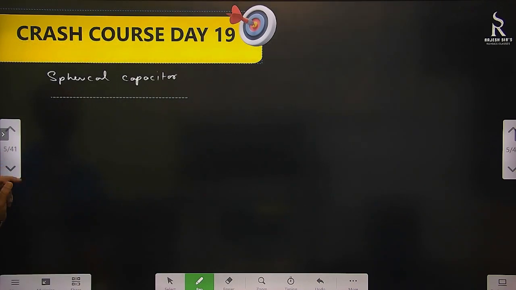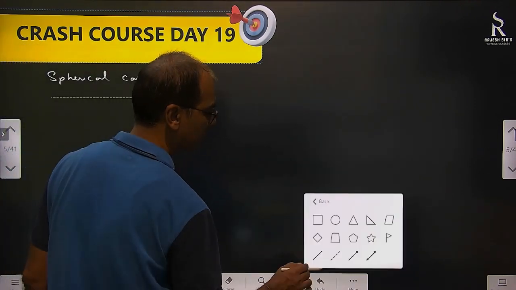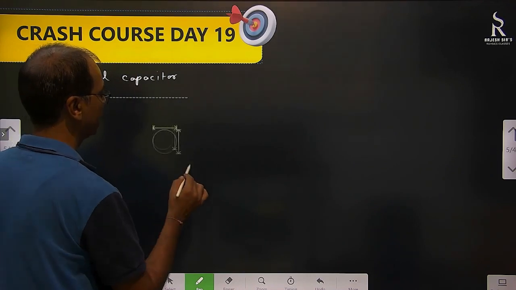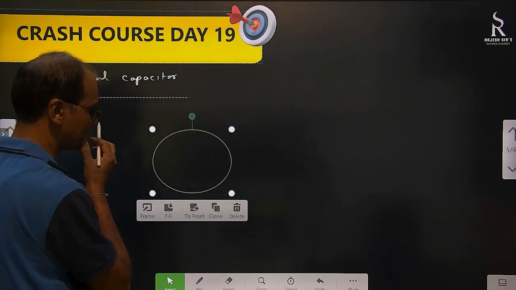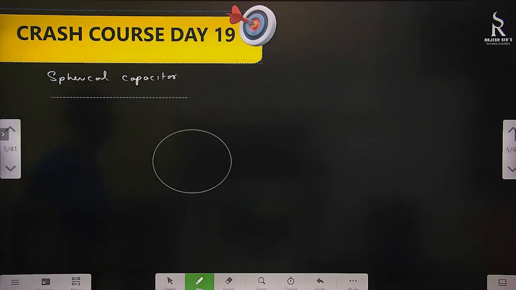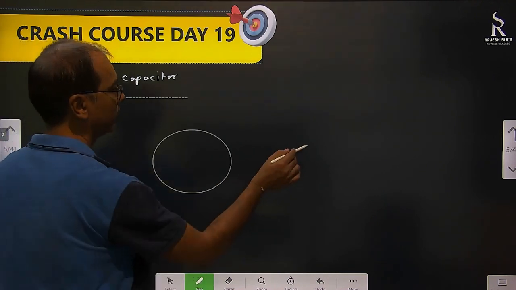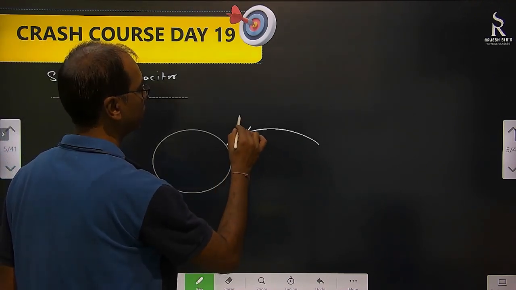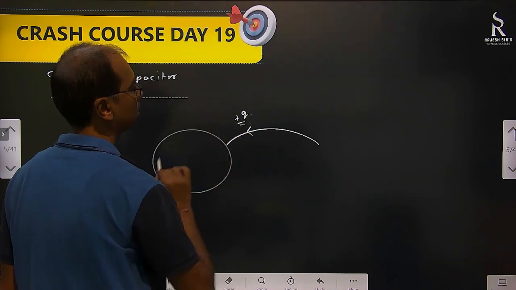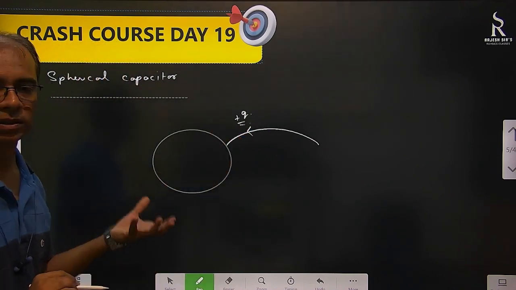Let's move ahead. Spherical capacitor. A spherical capacitor, to a certain extent, we have seen in electrostatics also. So when we are charging this one, we are bringing the charge to this one. Here also potential increases.